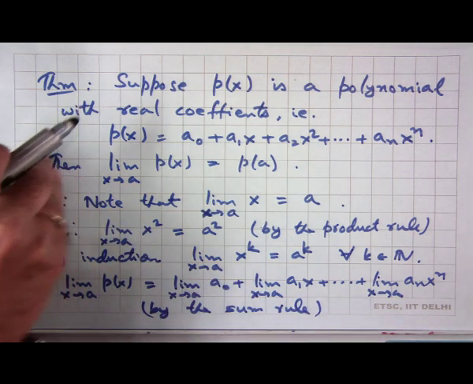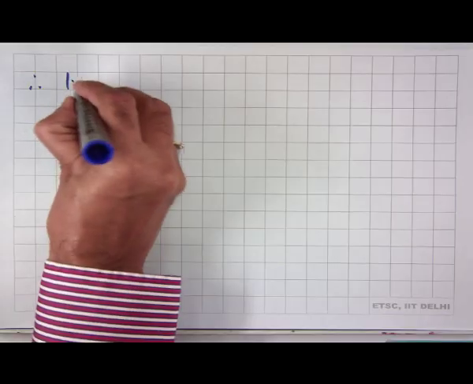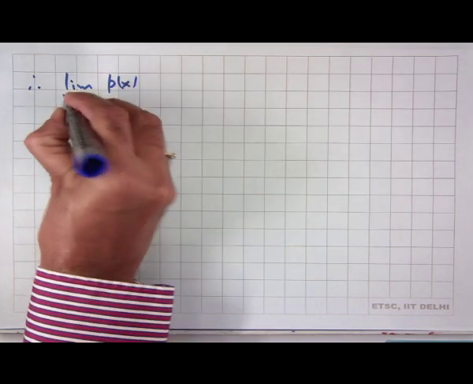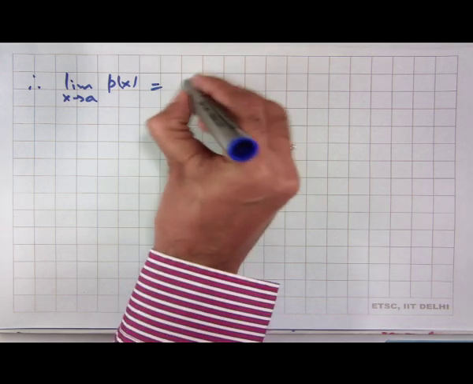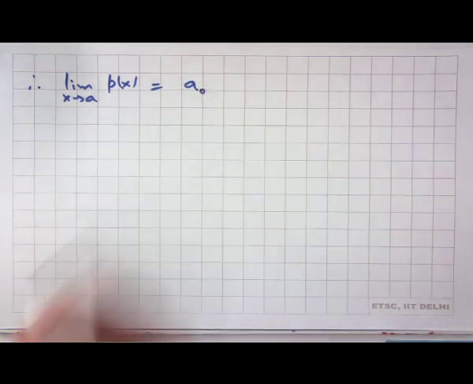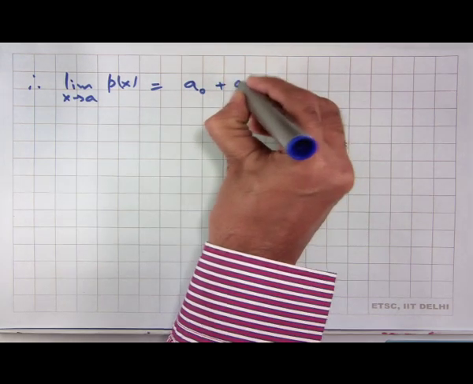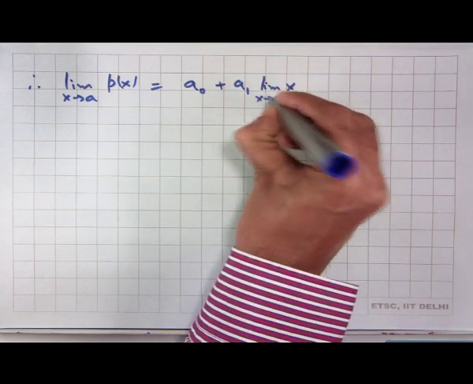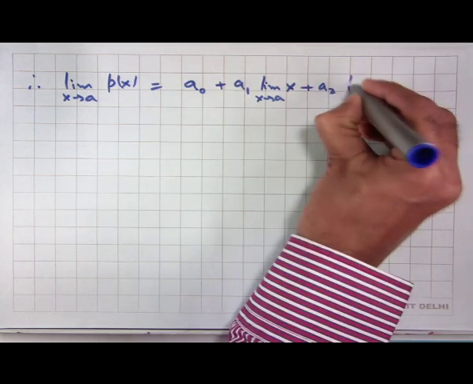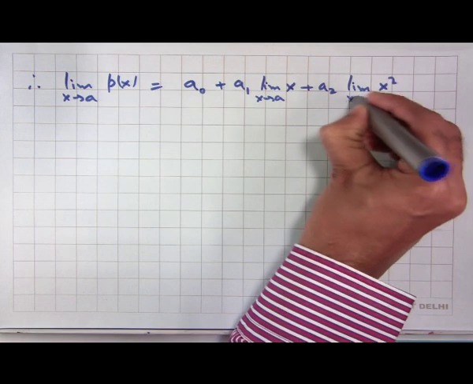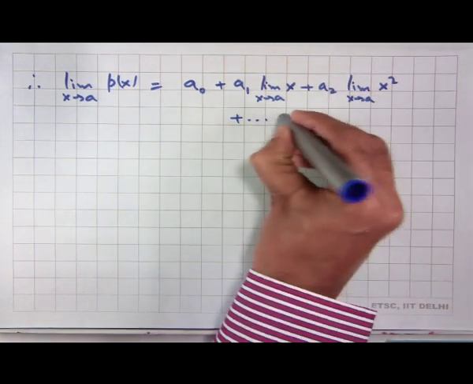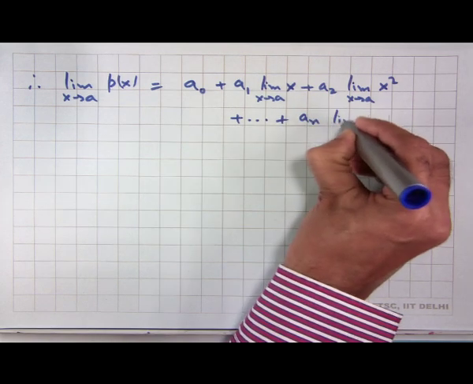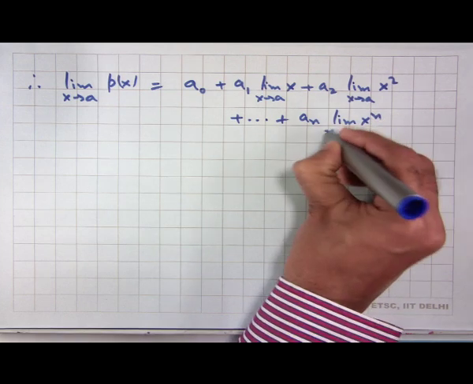And then you use that limit of a constant times a function is constant times the limit. So, this implies limit of p of x is equal to a 0 plus a 1 times the limit of x as x goes to a plus a 2 times limit of x square as x goes to a, and so on up to a n times limit of x to the n as x goes to a.